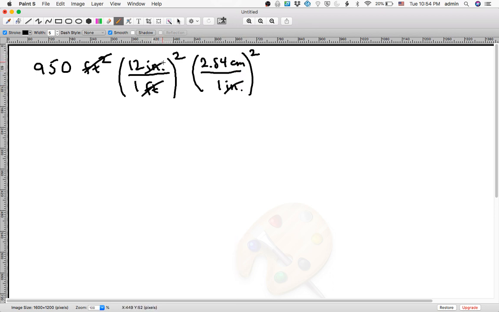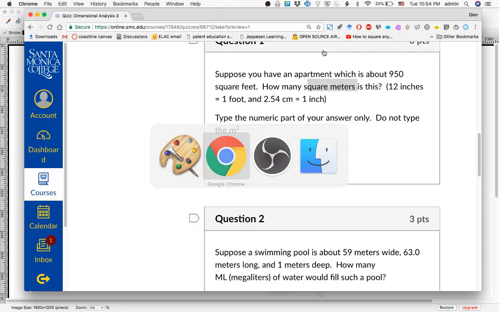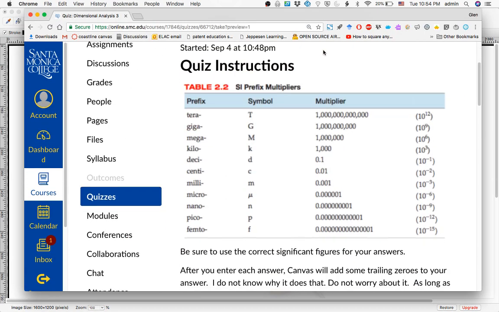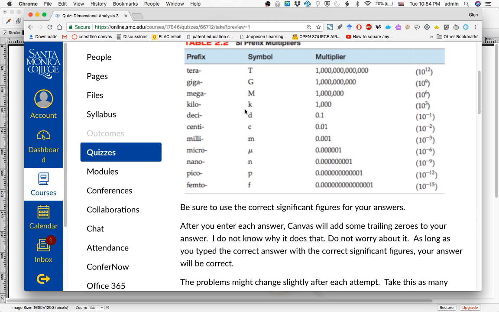All right? And now we've got centimeters here, so I know that in 1 centimeter, it is 1 times 10 to the minus 2 meters. And how did I know that? I know that from this little puppy right here. Just like in the previous homework, look, centi means 10 to the minus 2, which is just like 1 times 10 to the minus 2.